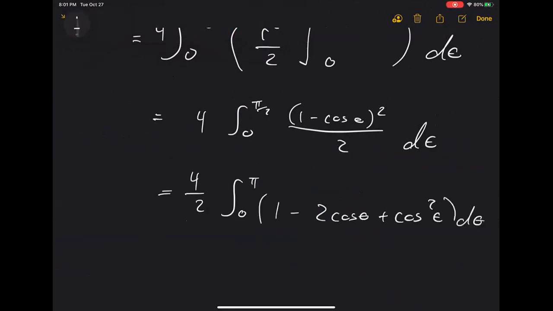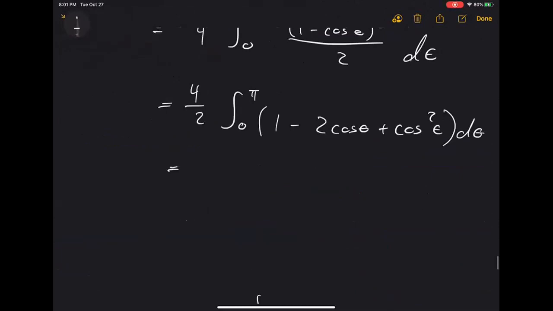I integrate all this. Well, let's go ahead and convert the cosine squared. We could write it as 1/2 times (1 plus cosine 2 theta). That's the double angle identity. And the rest of the stuff stays the same.